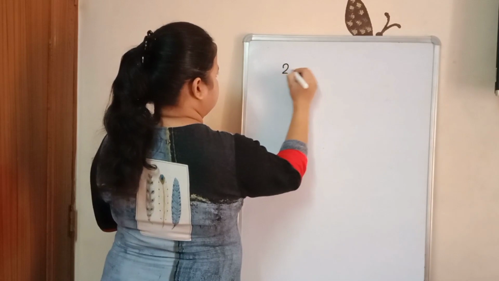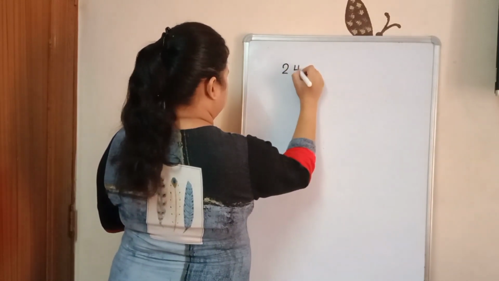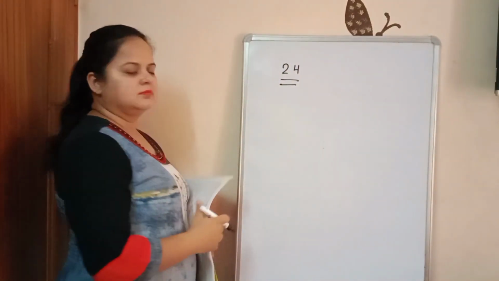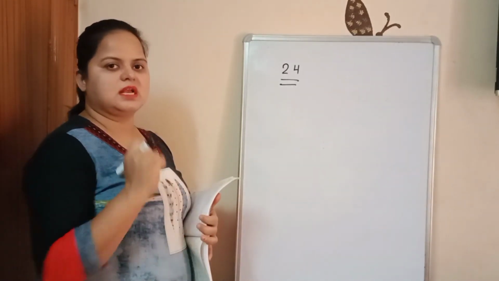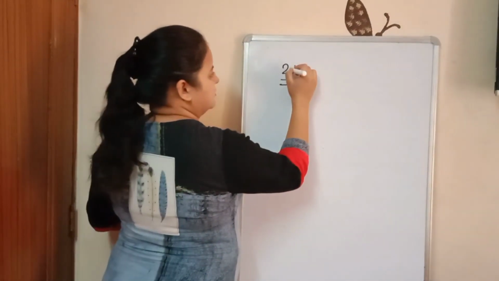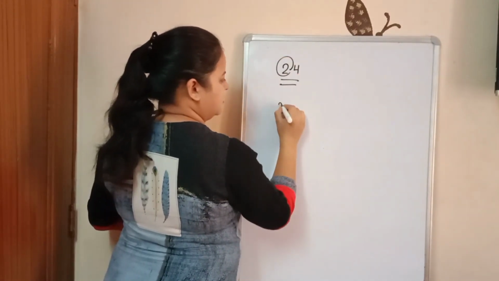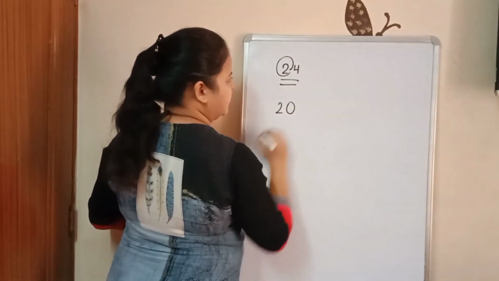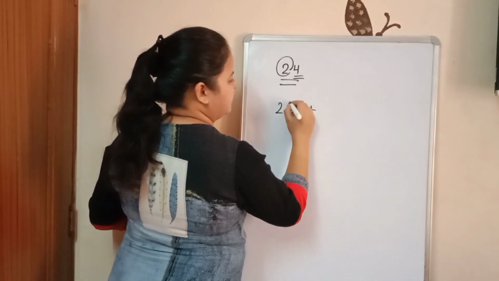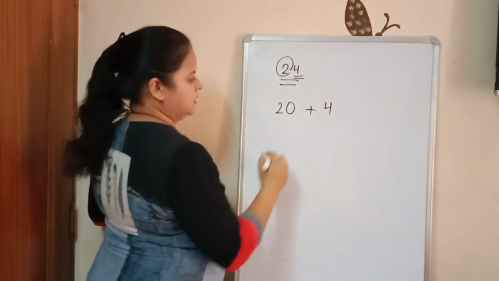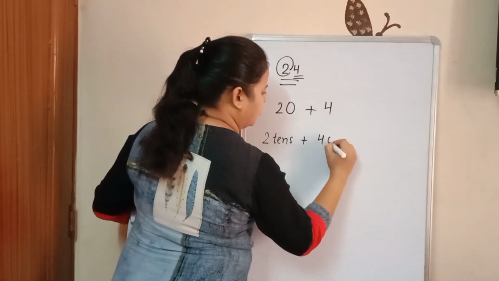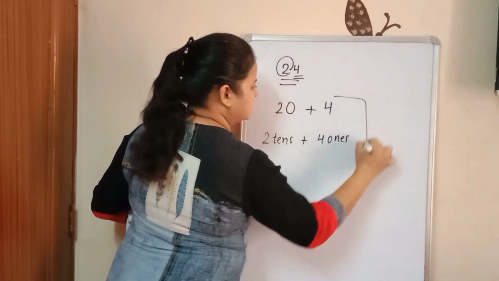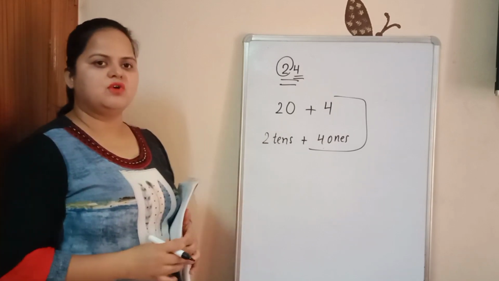If we have the number 24, what is its expanded form? 2 is in the tens place, so 20. 4 is only ones, it means only 4. 2 tens plus 4 ones. This is called expanded form.